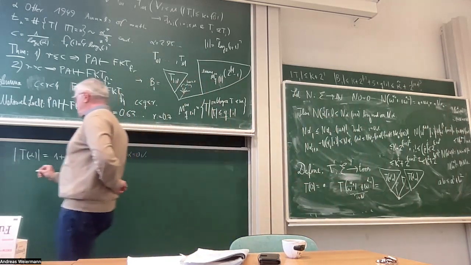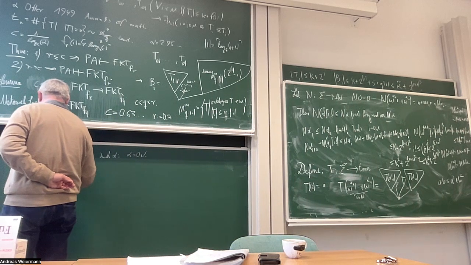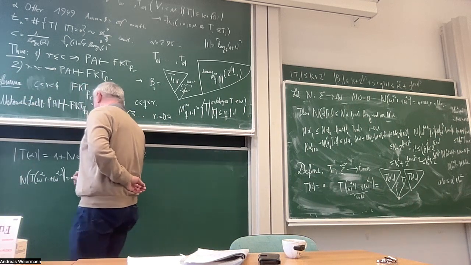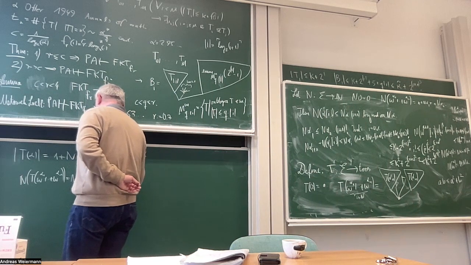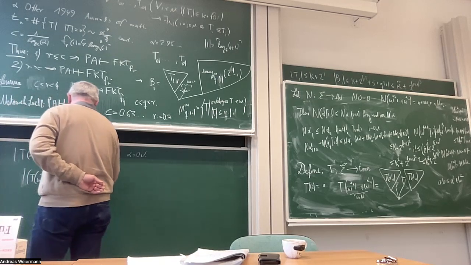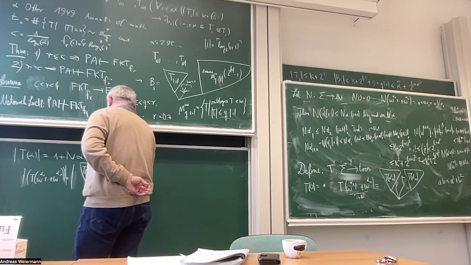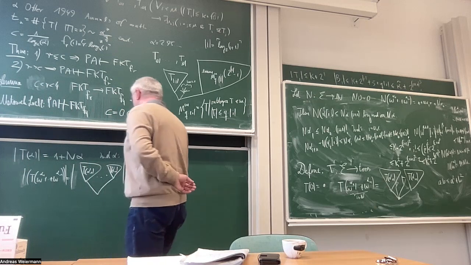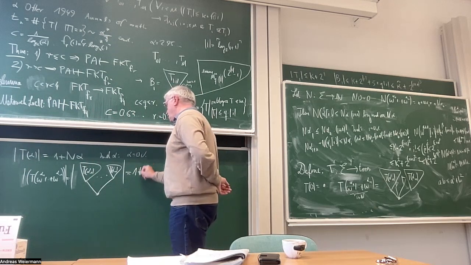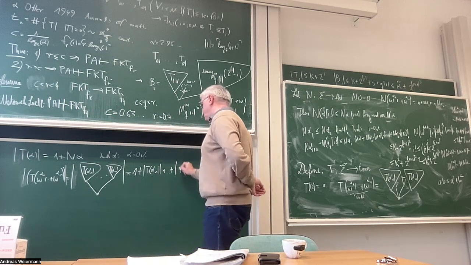And what is the norm of T of omega to the alpha 1 plus omega to the alpha n? It's 1 for the root, plus the number of nodes in T alpha 1 up to the number of nodes in T alpha n.